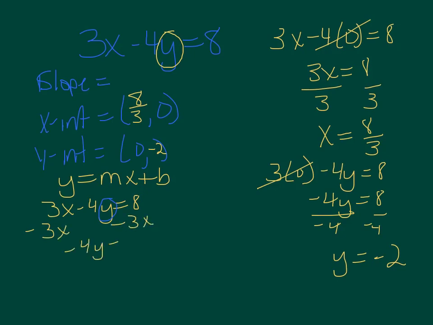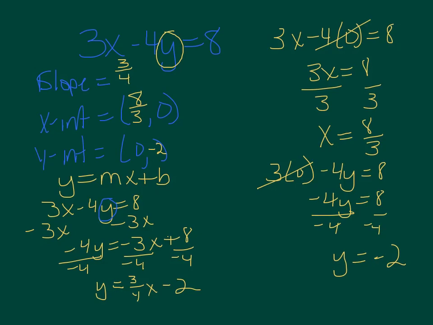So I have negative 4y equals negative 3x plus 8. Now I got to get rid of that negative 4. Remember, you're dividing everything by negative 4. So y equals, now we have two negatives here, so that makes it a positive. And then 8 divided by negative 4 is negative 2. So my slope is 3 over 4.